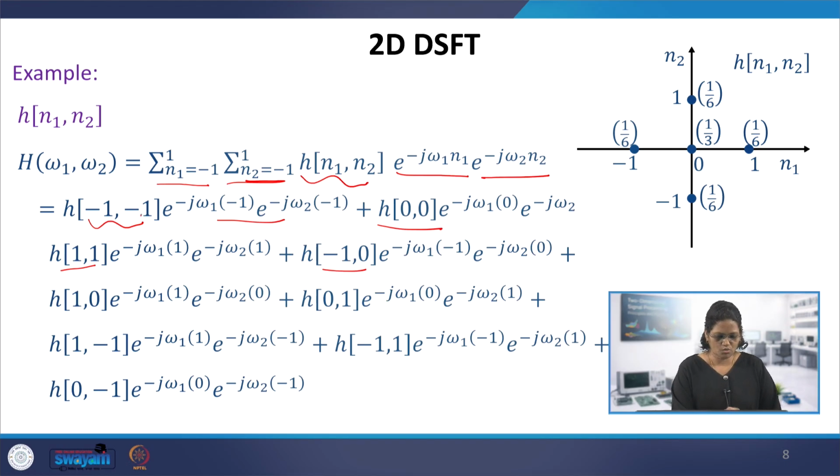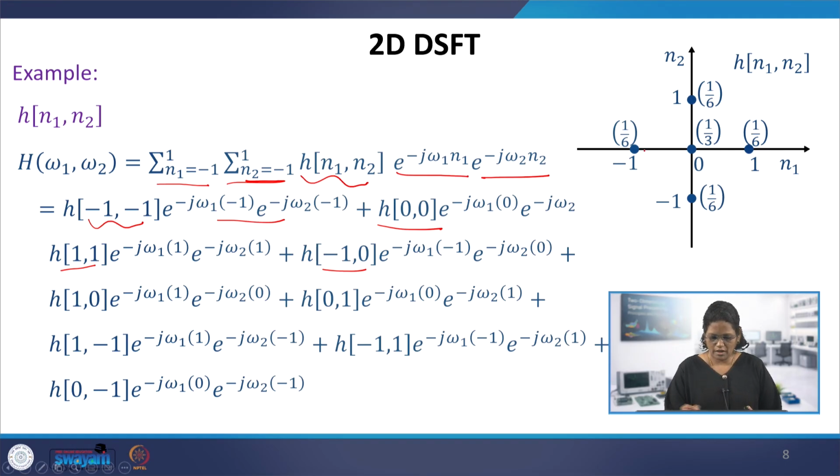What is h of minus 1, minus 1 here? Some of them don't exist. So this would be 0, and h(0, 0) is 1 by 3, and so on. For example, (0, 1), n1 is 0 and n2 is 1. So this value is substituted over here, and minus 1 comma 1, n1 is minus 1 and n2 is plus 1, so it's not there. So the sum of the values is 0.